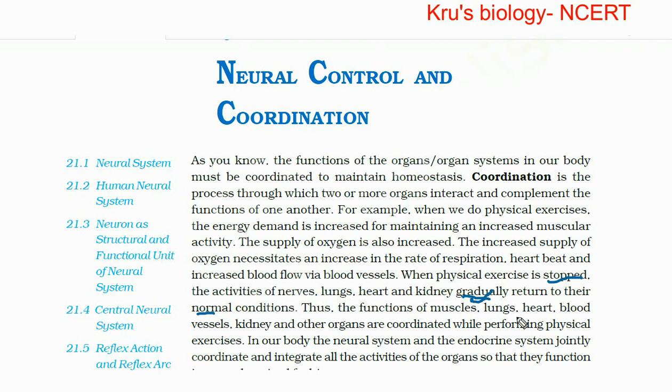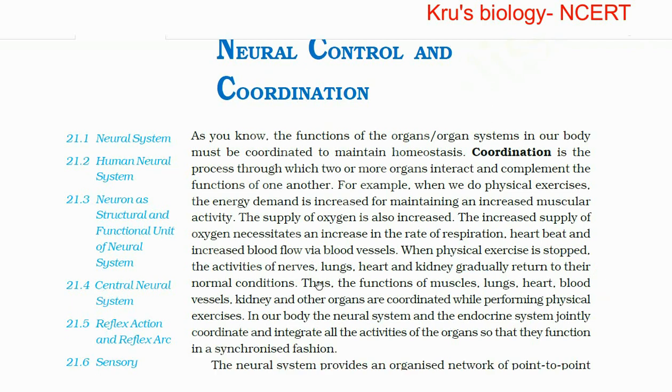Thus the functions of muscles, lungs, heart, blood vessels, kidney and other organs are coordinated while performing physical exercises. When you perform physical exercises, all these systems work together: heart, blood, muscles, vessels, kidney that purifies our blood, and other organs.